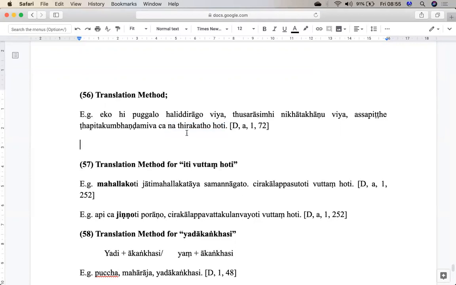Haledi means turmeric. Rago, dyed by the turmeric. Dyeing with turmeric is not stable. A color with turmeric is easily fading away, not stable, not firm. Okay, and so tusa rasi. Tusa means husk.